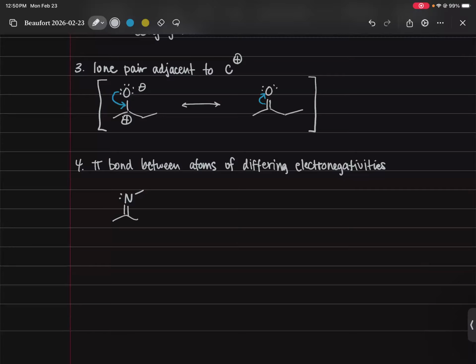There's nitrogen. Like oxygen, nitrogen is more electronegative than carbon. And so, well, there's two directions that we could move this pi bond, right? We could go up toward the nitrogen, kind of like we did with this one.